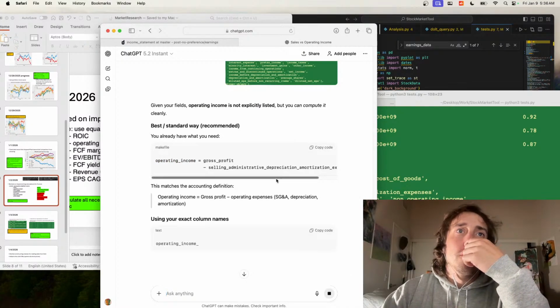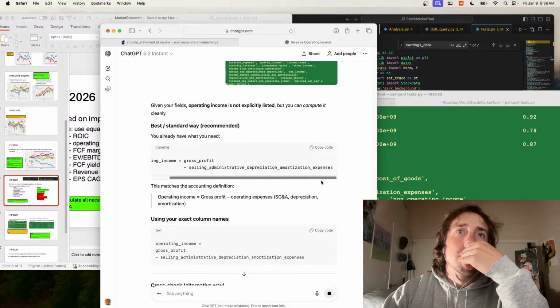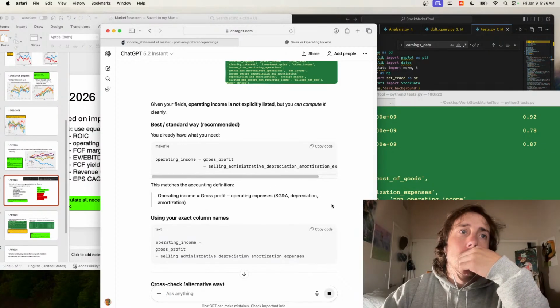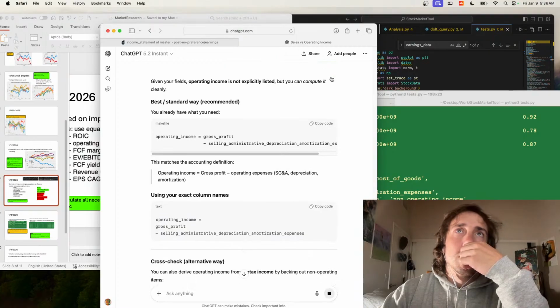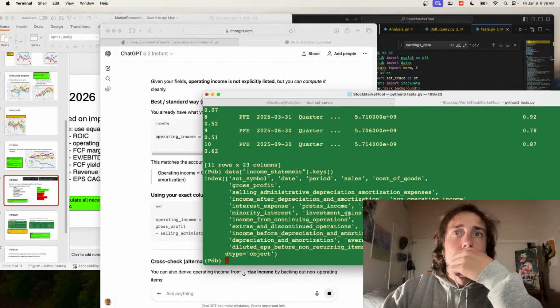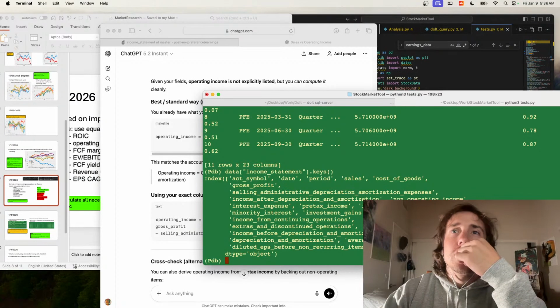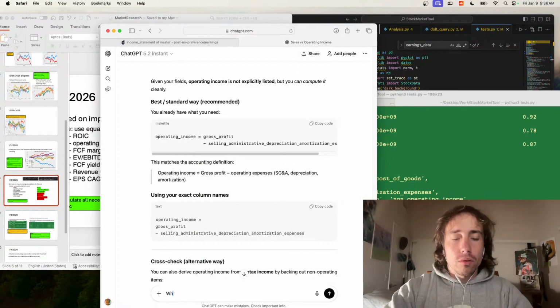Gross profit minus selling expenses. Net income. So I was thinking there's something else. Oh yeah, non-operating income. What about non-operating income?